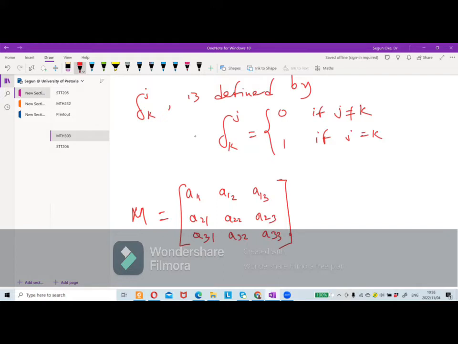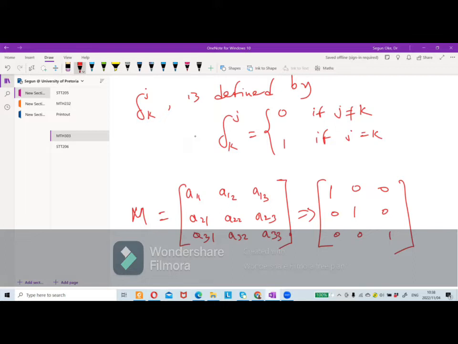If I want to translate it from here now, it will give me 1 0 0, 0 1 0, 0 0 1, because the law says J equals to K. Anytime J equals to K, it is always equal to 1. Are you getting it? Yes, sir. So take note of that.